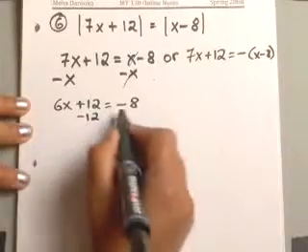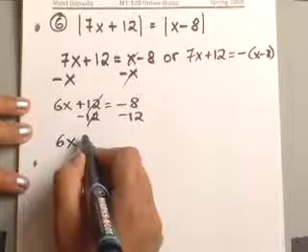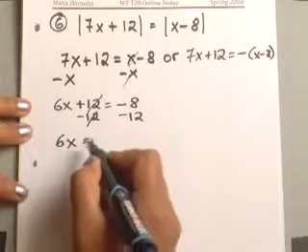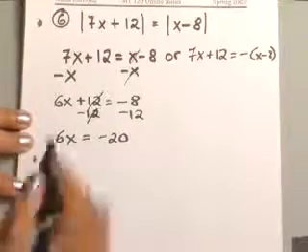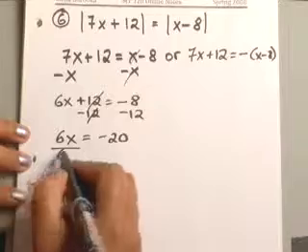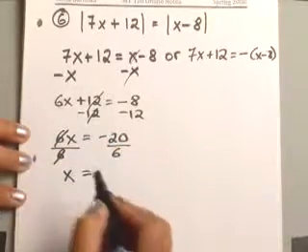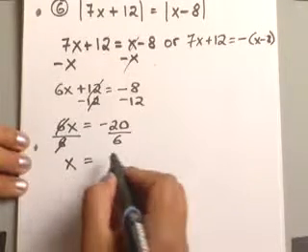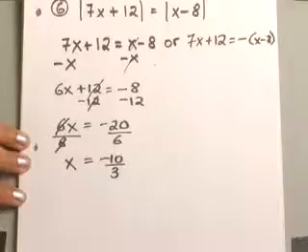We'll move our 12 over this time, and that will give us 6x equals negative 20. Okay, just getting all our like terms on the same side, and now we can go ahead and divide everything by 6, get x by itself, and this will give you x equals negative 10 thirds.